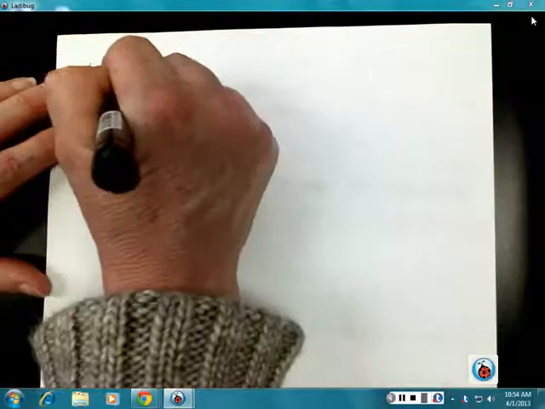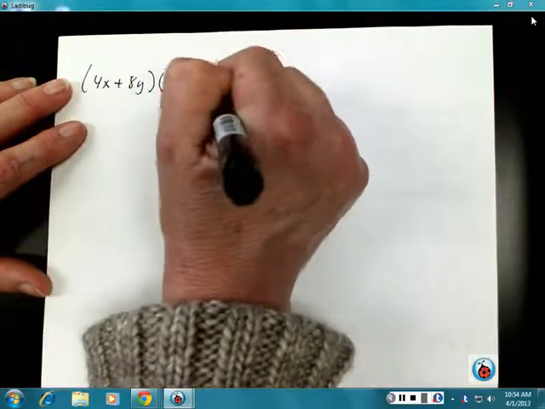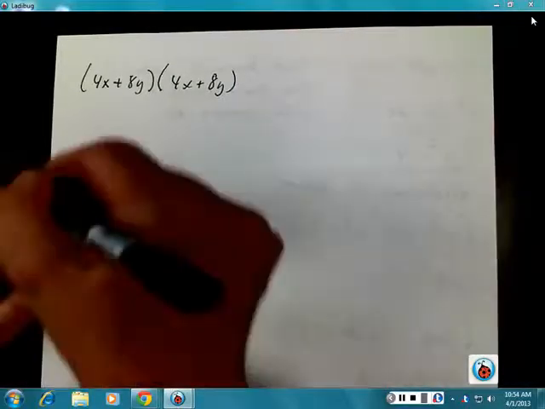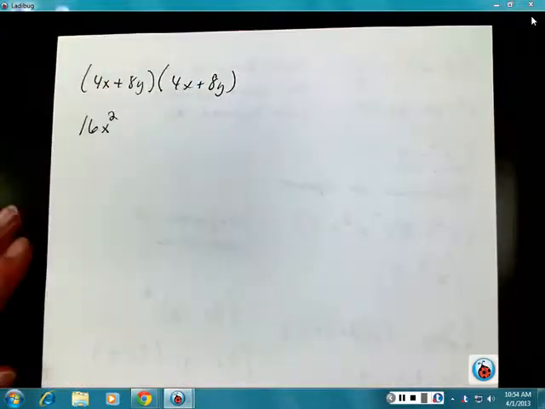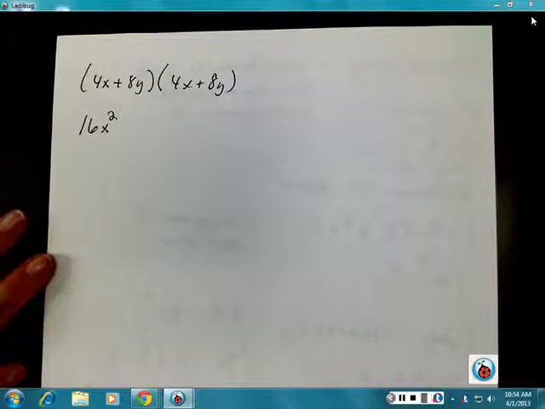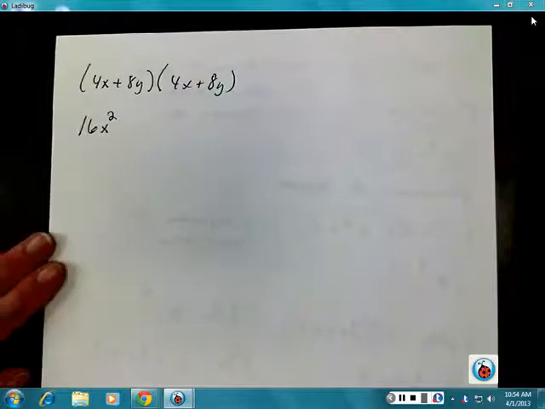4x plus 8y times 4x plus 8y. What will I get out of that one? 16x squared. What's the rest? Plus 8y squared. 2 times 8y.